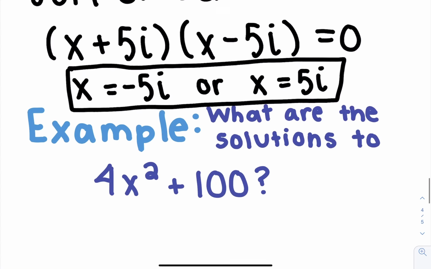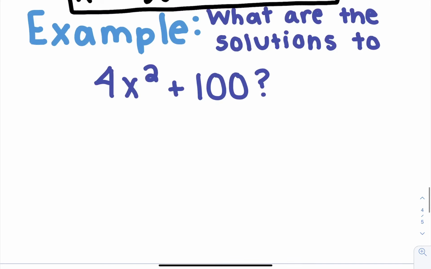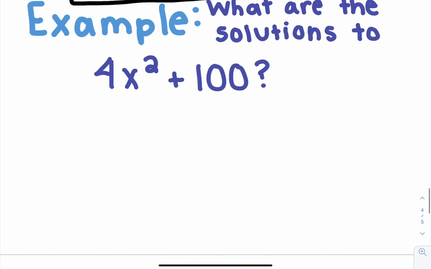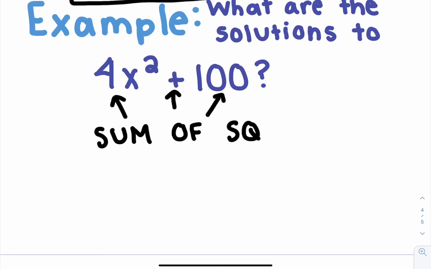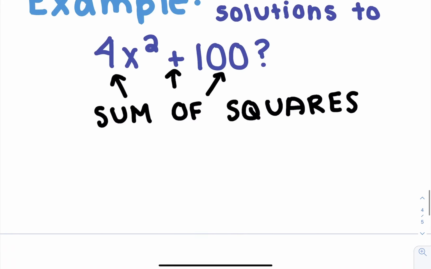We can try this same thing in this next example: what are the solutions to 4x squared plus 100? We'll notice right now 4 is a perfect square and 100 is a perfect square, and this is a sum, so we have sum of squares. When this happens, we'll first find what multiplies to 4x squared.